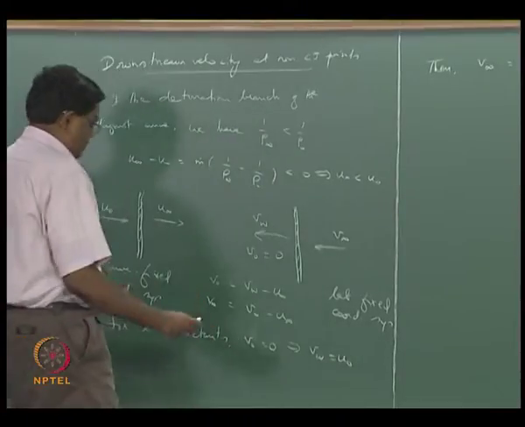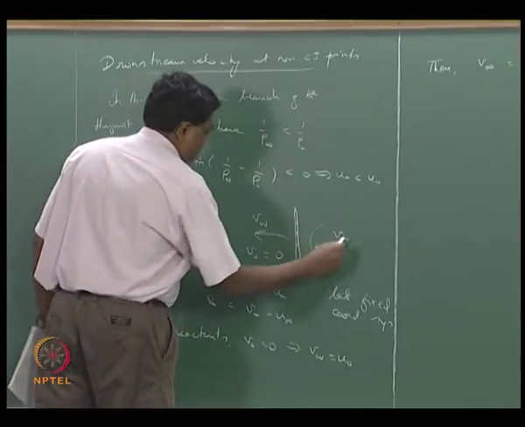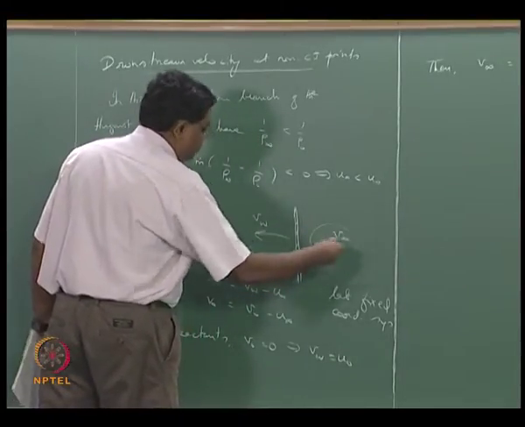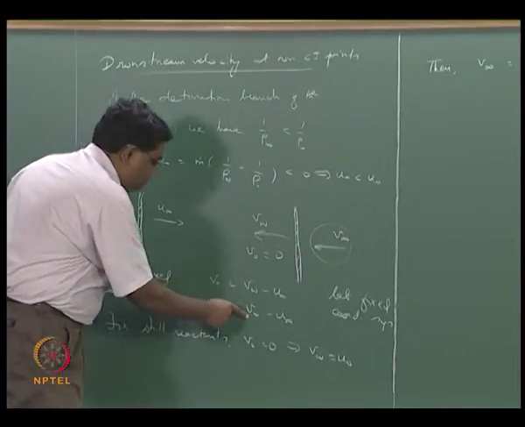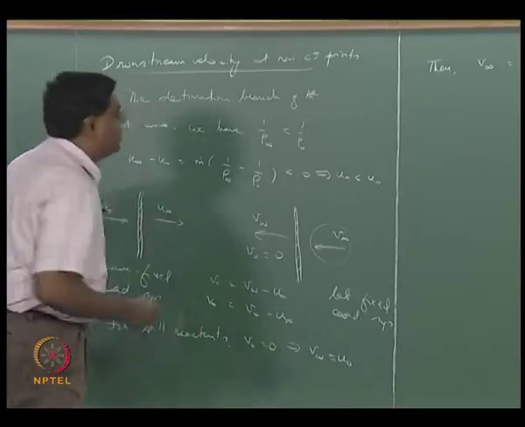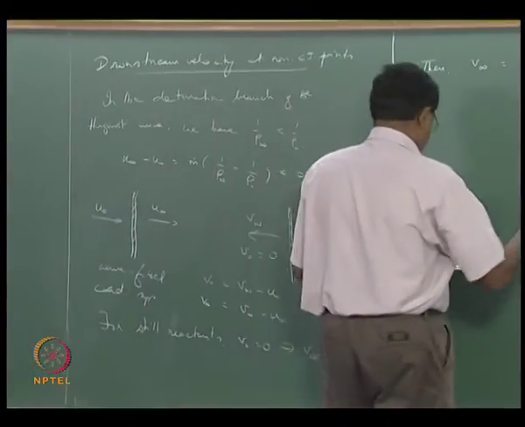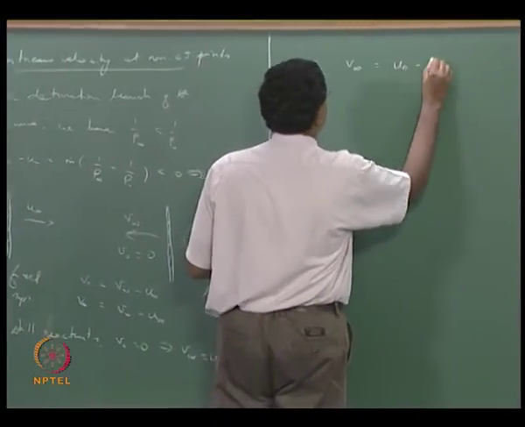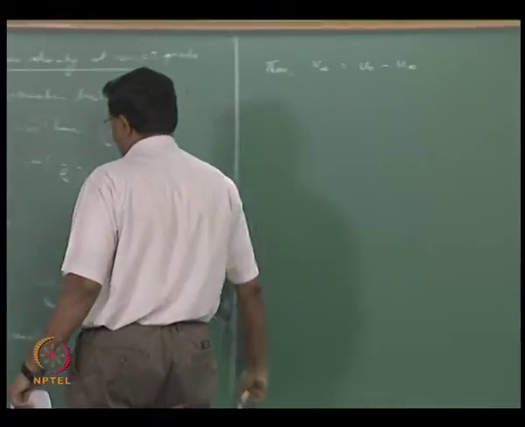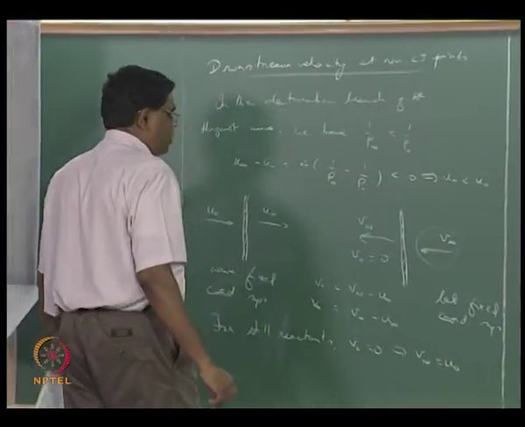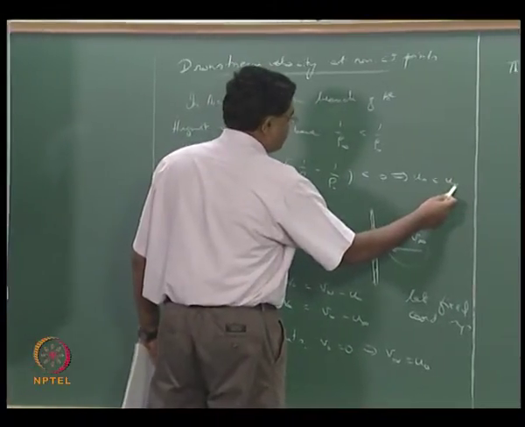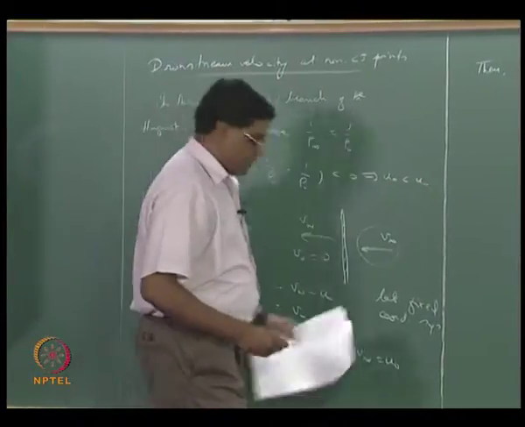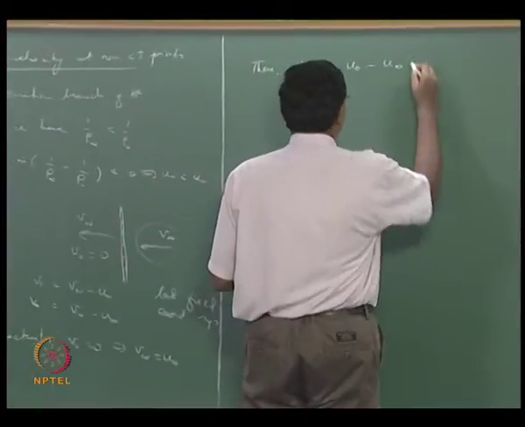V infinity takes the direction of following the wave. If you do that, then V wave can be substituted as u naught, and you get u naught minus u infinity, right. But what did we notice for u naught minus u infinity? U naught is greater than u infinity, which is greater than 0, right.